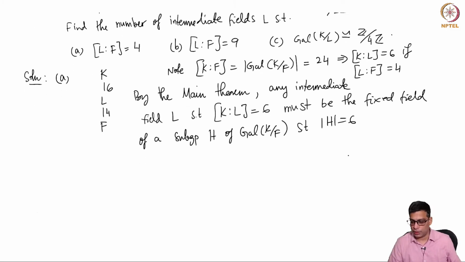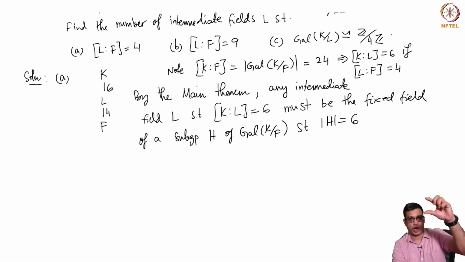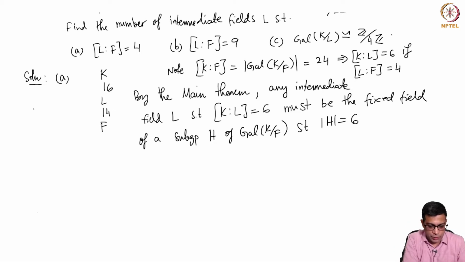So now if you remember, the main theorem gives a bijection between subgroups of the Galois group and the intermediate fields, and the order of the subgroup is the top degree, and the index of the subgroup is the bottom degree. So this is equal to 6.